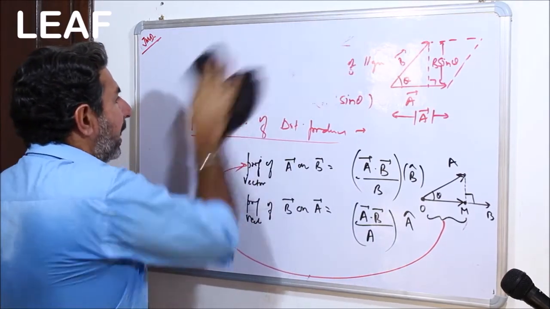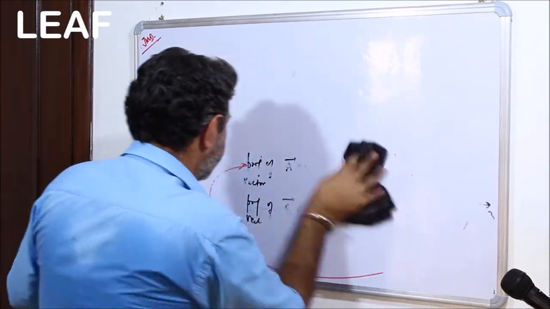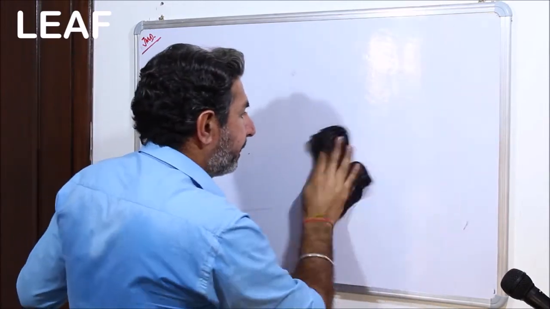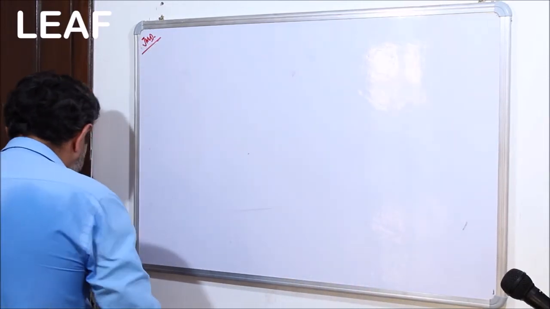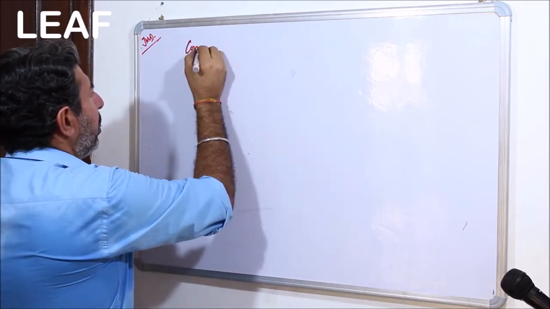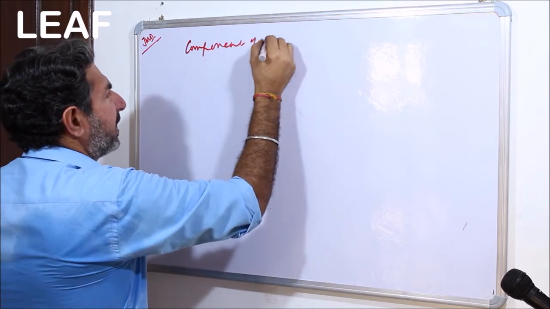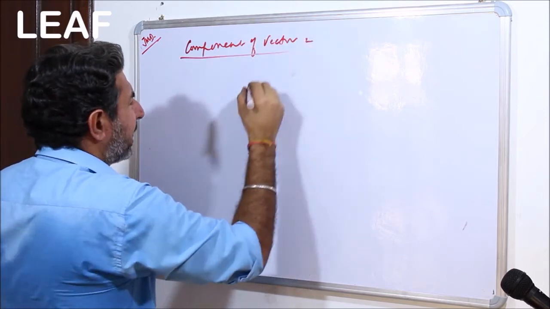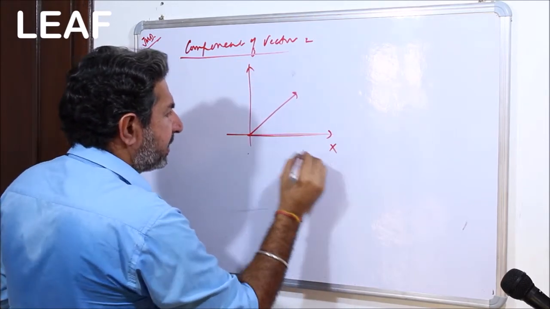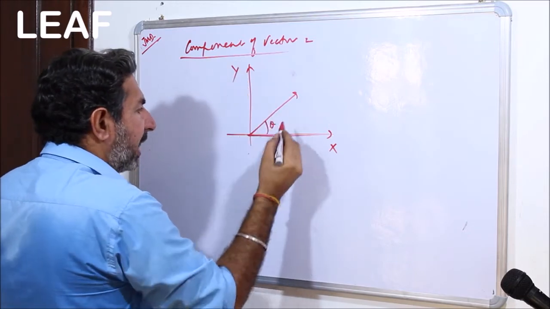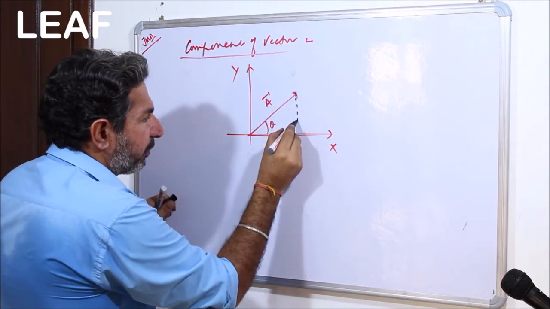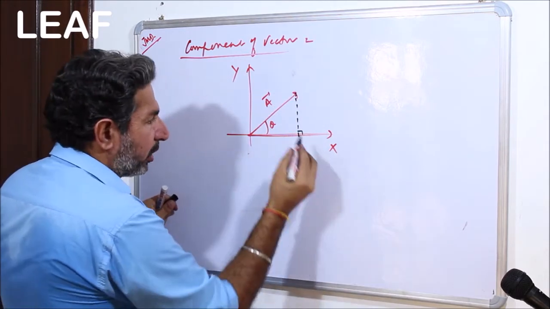Okay, and then the components of vectors. Again, I'm just going to quickly take it. See, if this is a vector and these are the two coordinate axes, the x-axis and y-axis, and say the angle is theta, and this vector is A. Obviously, for the component of A on the x-axis, you just have to draw a perpendicular like I have done on the projection side.